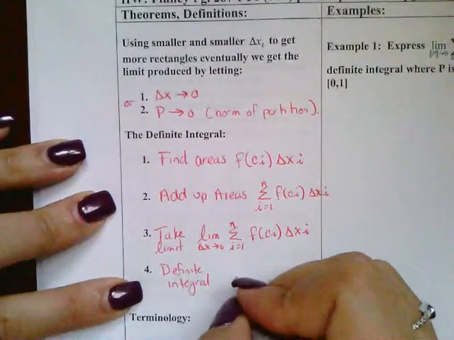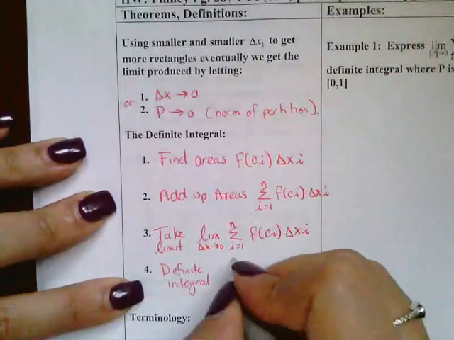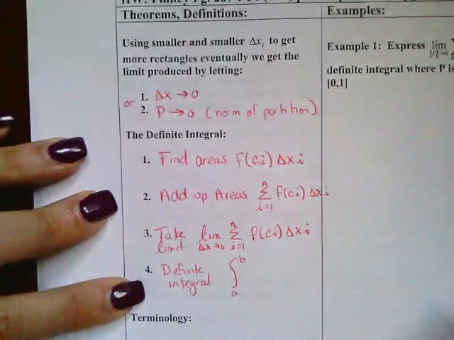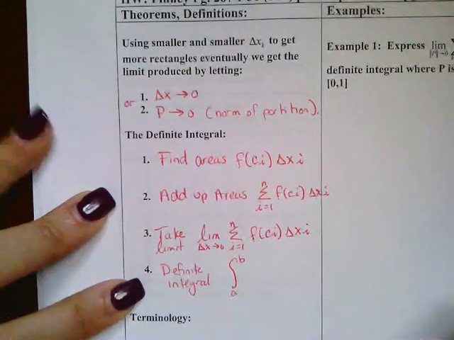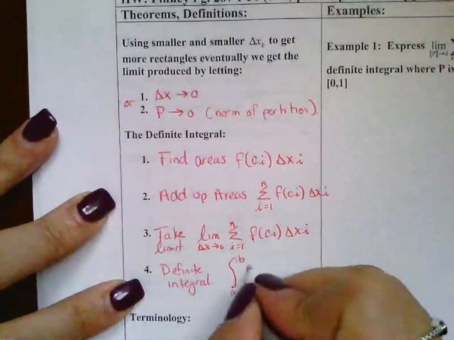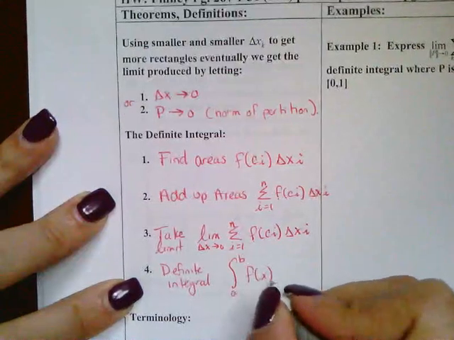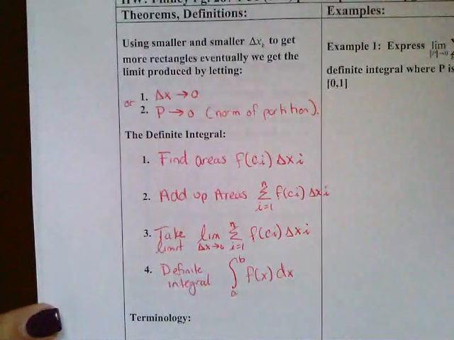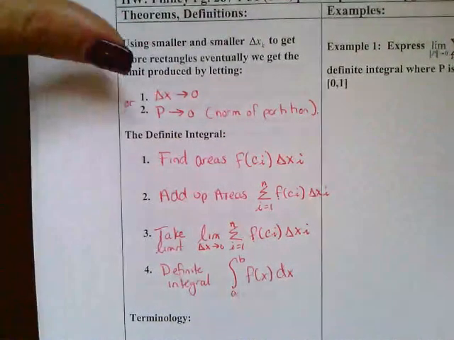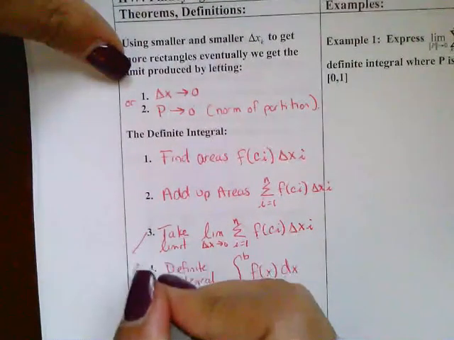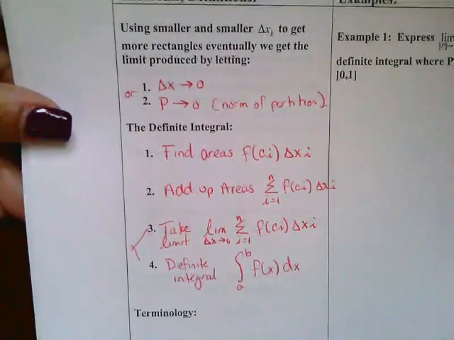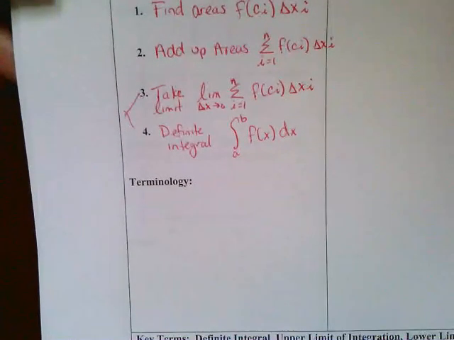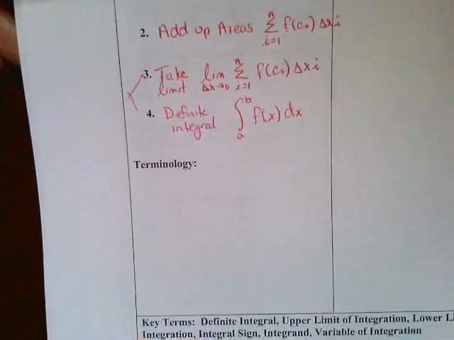So the definite integral from a to b of f of x dx. So we need to look at how these two are related. But before we do that, let's look at the terminology of this thing.